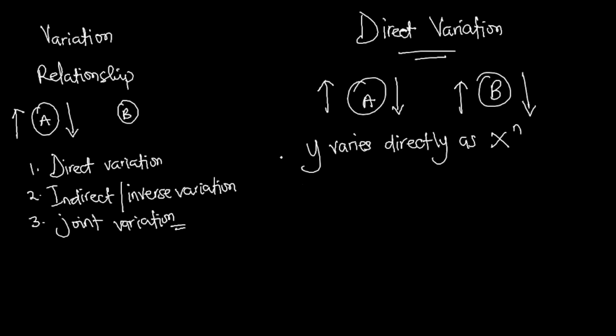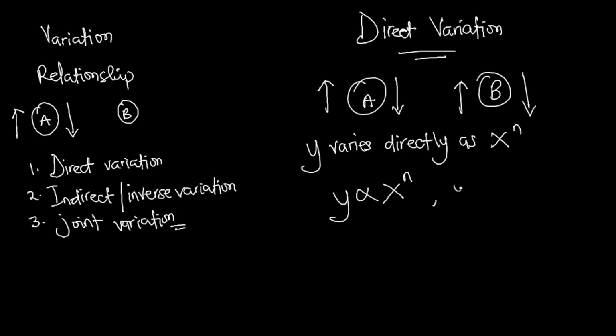If we have this statement and we need to express it mathematically, we write y, then we bring this sign, and then we write x raised to the power n. This is how we express direct variation mathematically.